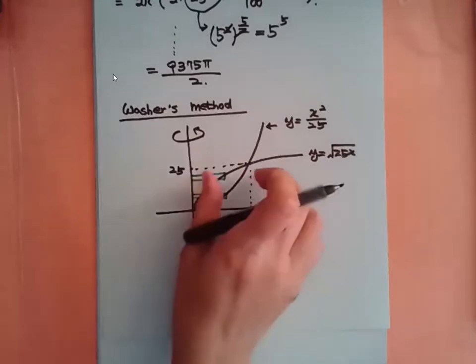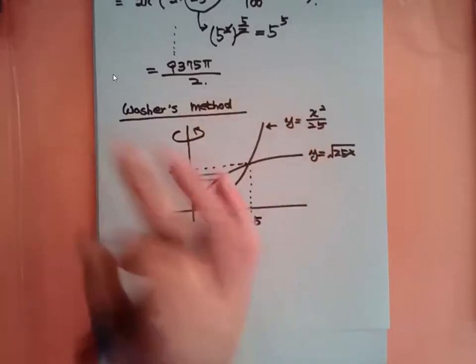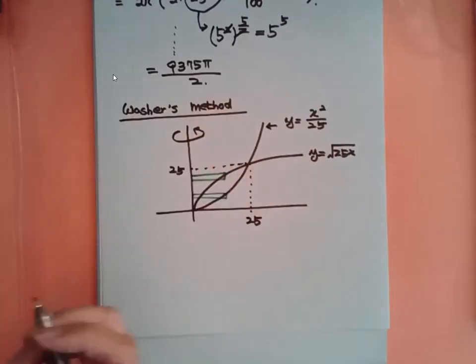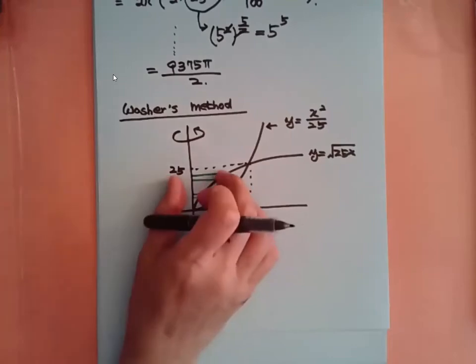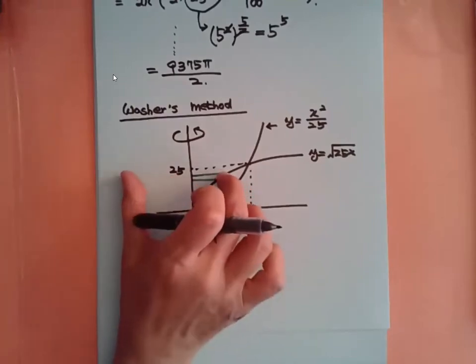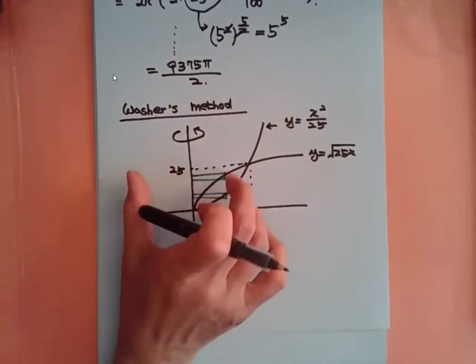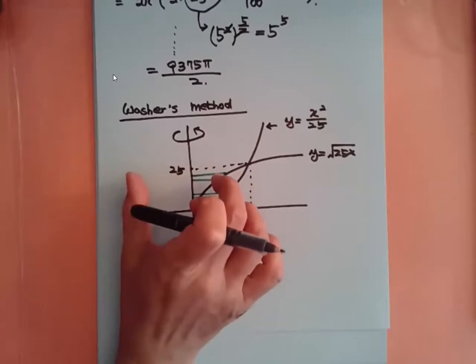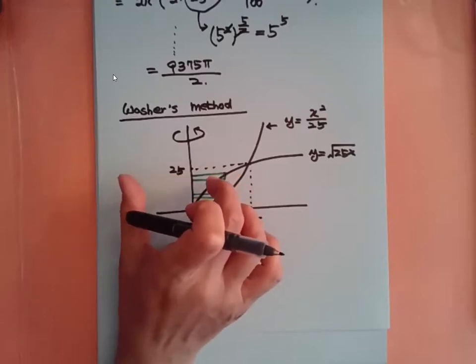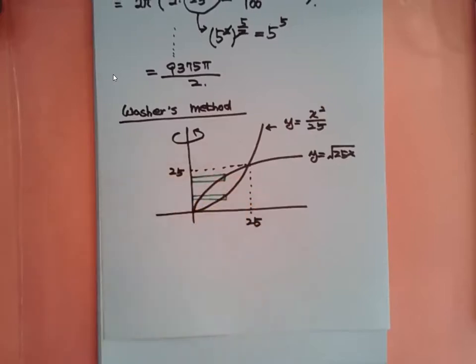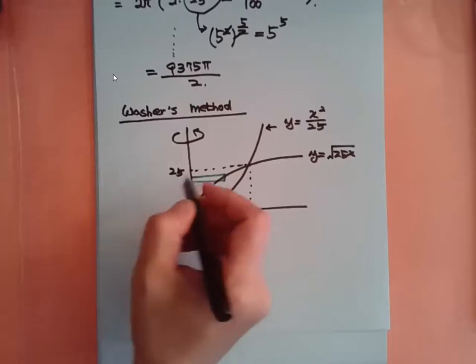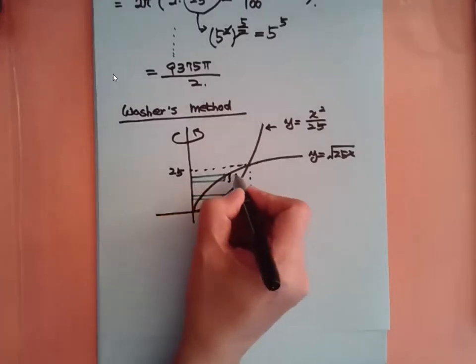So we will get a different type of cylinder, a steel cylinder with the middle part empty, but this time it will be a very short cylinder. So this is dy, delta y.